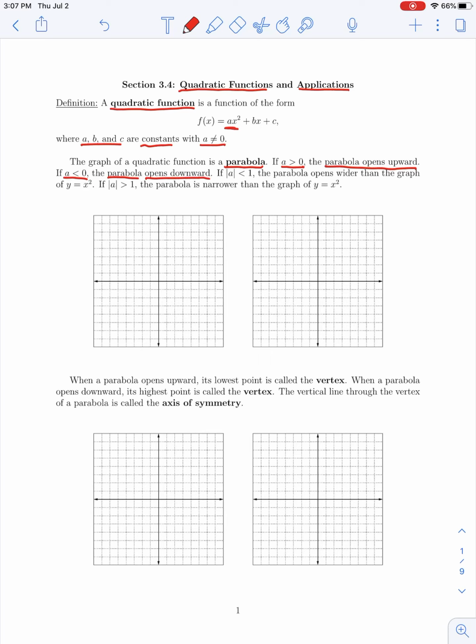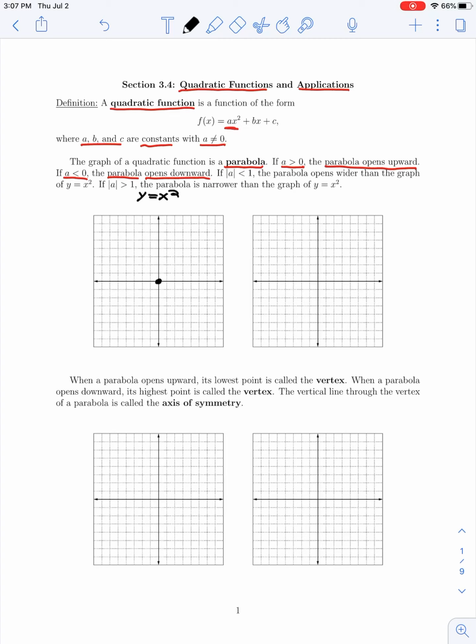So let's look at some examples graphically here. The easiest example to consider is the graph of y equals x squared. So we can graph this function. We recognize it as a parabola opening upward. We know it passes through the point 0, 0. So when x is 0, y is 0.